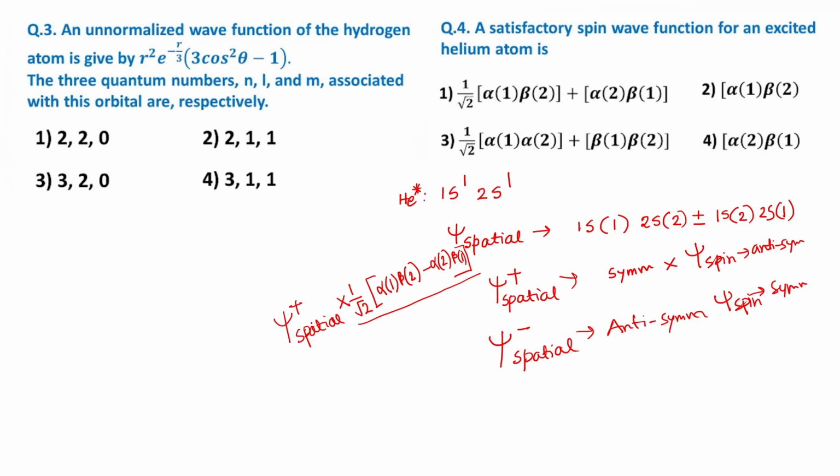One of the combinations: where psi plus, you are taking a symmetric spatial part, then you are only having one possible combination of antisymmetric spin. But when you are taking psi spatial to be negative, then there are actually three symmetric combinations of spin, which is alpha, both are alpha.